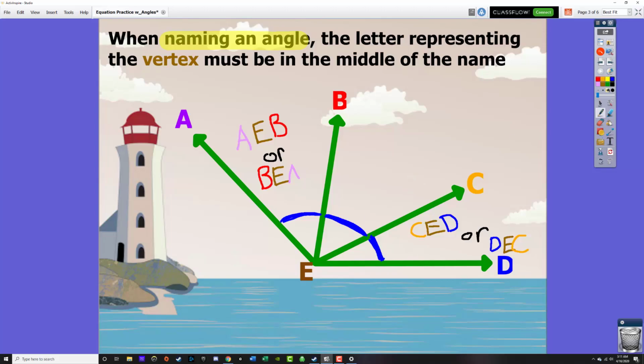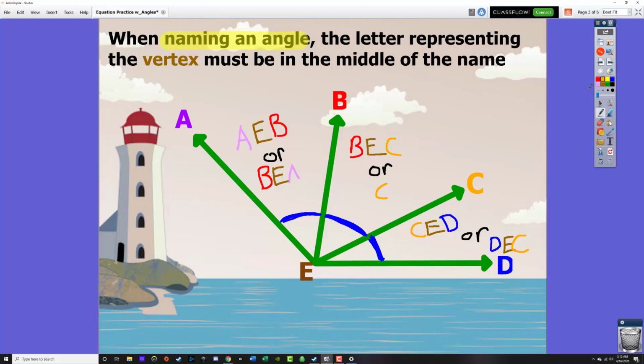So our two options are, we can go with B, E, C, which is what I would personally go with, just because I like to work from left to right. So this could be B, E, C, or the other way around, we can start here and do C to E to B. That would be the same thing but backwards.